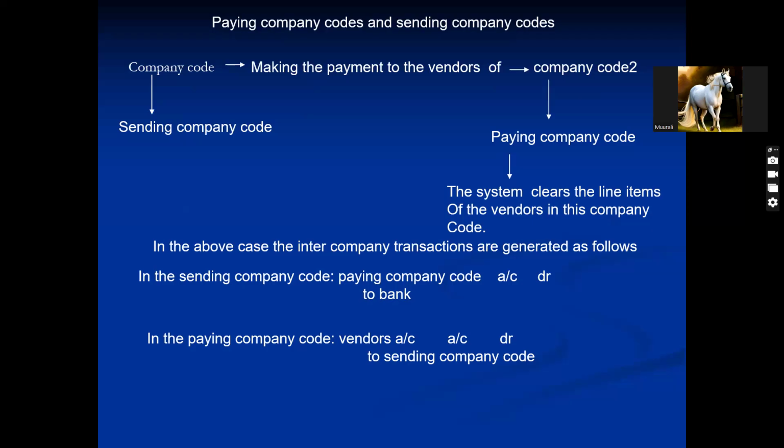It is buying the material and sending the invoice to the head office. So the head office is making the payment. In this case, the paying company code will be the head office, and the sending company code will be the branch office. Like this also we can consider.